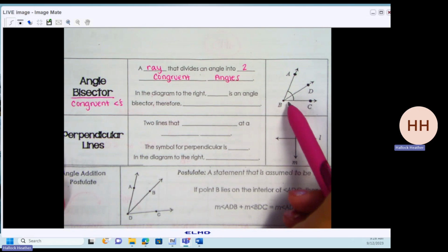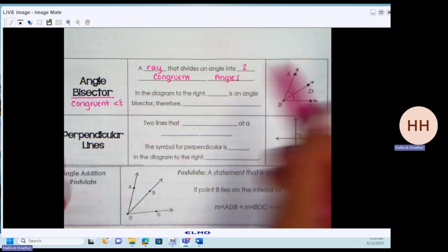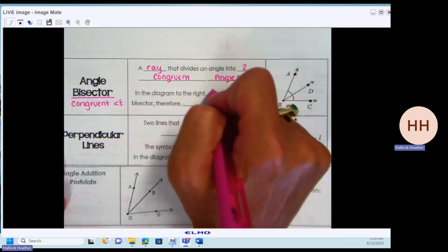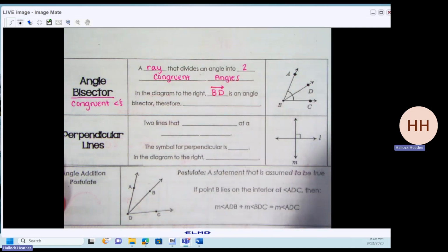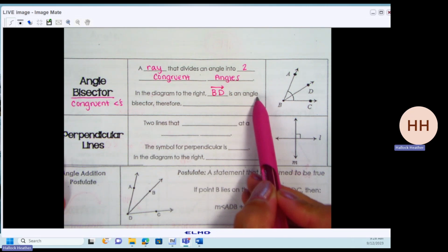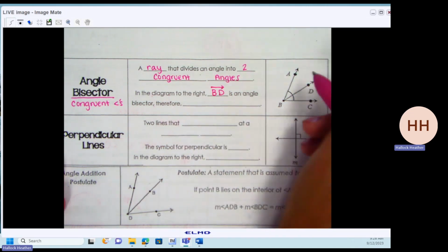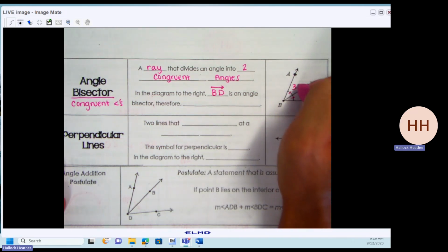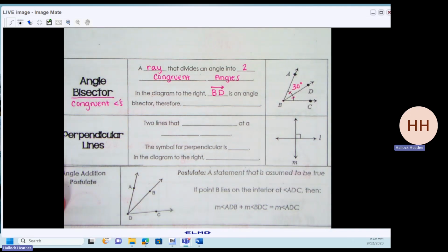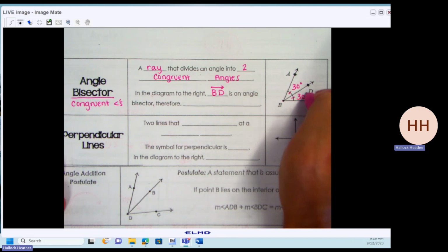So if I look at this picture, I have the large angle ABC, the ray BD. So in the diagram to the right, BD is a ray. So I'm going to draw a little endpoint with an arrow. It is an angle bisector because they're telling me it's an angle bisector. Therefore, these 2 angles are congruent. If I said that this little angle ABD was 30 degrees, then that means DBC would also be 30 degrees.